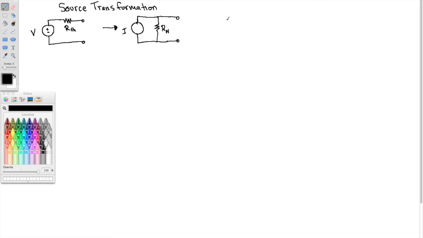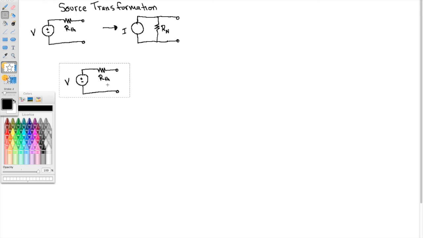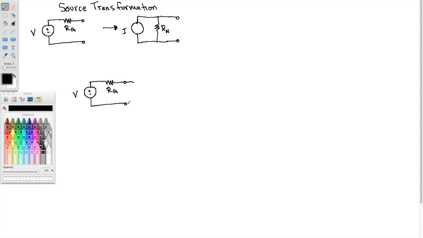Now, we've seen equivalent transformations before with combining series resistors and parallel resistors and delta-Y conversion. And the idea of equivalence is as follows. If we took, let's say, this first picture, and we connected it to something, right? It's connected to something. Inside the black box, we don't know, but we know that there's a voltage there. Call it V in.